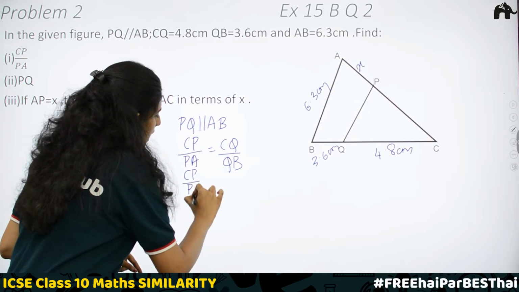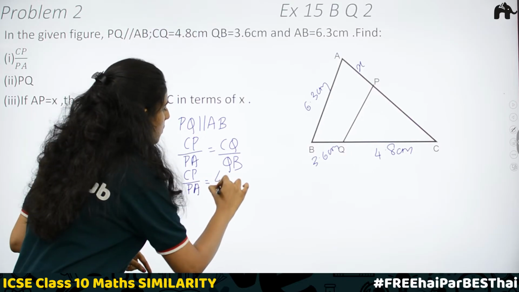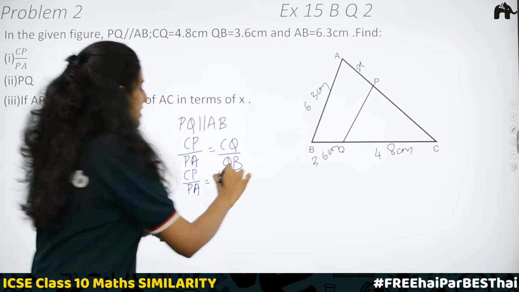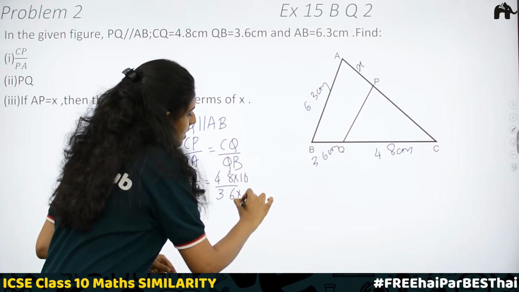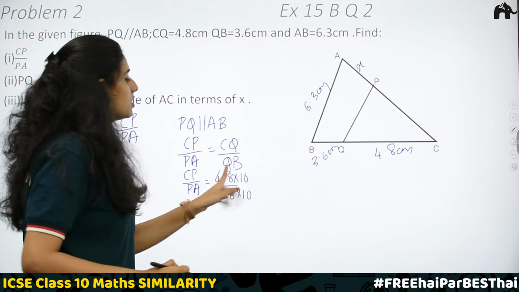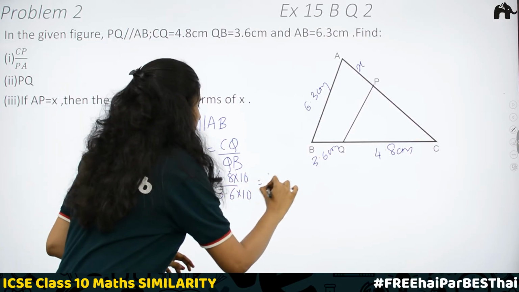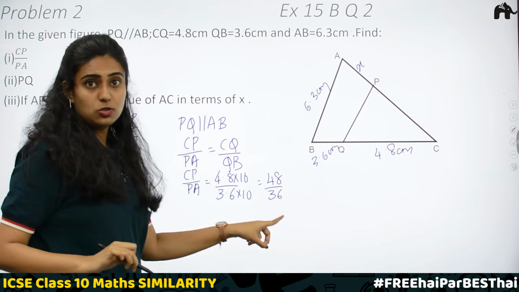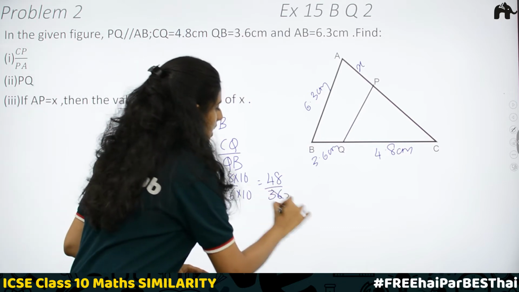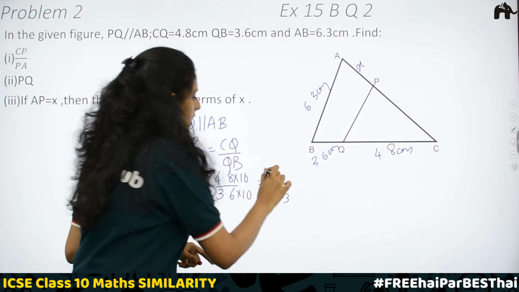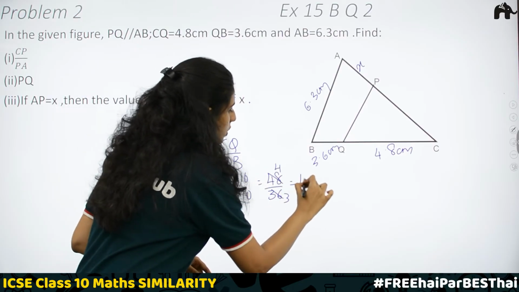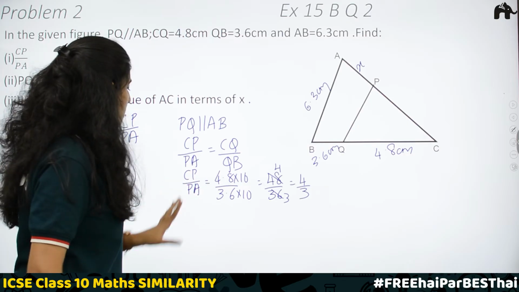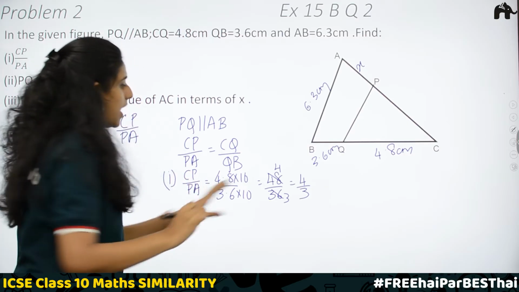CP by PA is equal to 4.8 divided by 3.6. Multiplying numerator and denominator by 10 to remove the decimal, we get 48 divided by 36. 12 into 3 is 36 and 12 into 4 is 48, so it is equal to 4 divided by 3. We got the ratio CP by PA is equal to 4 by 3.